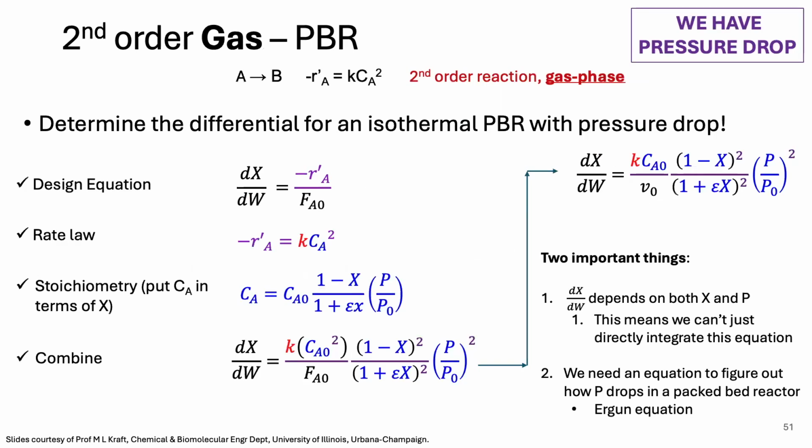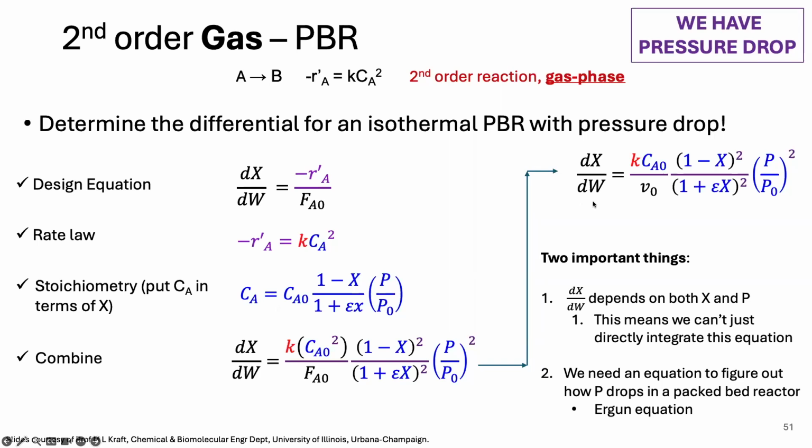So how do we account for this in our overall design equation? Well, let's consider a packed bed reactor, where the effects are even greater. We now need to account for changes in pressure in our concentration and our stoichiometric relationship as we combine these, in this case for a second order reaction.